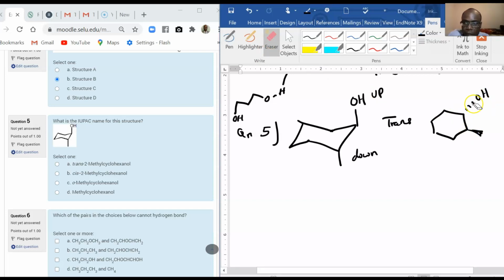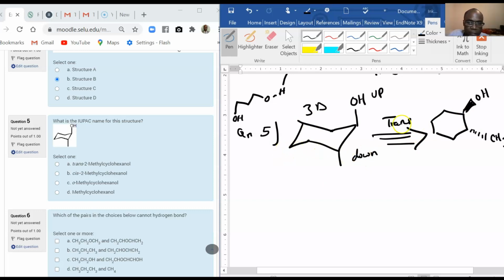Actually it's the other way around, because OH is up, so it gets the shaded wedge. CH3 is down, so it gets the dash. So it's trans. This ring can just be drawn like that. This is 3D, and that is the 2D perspective.